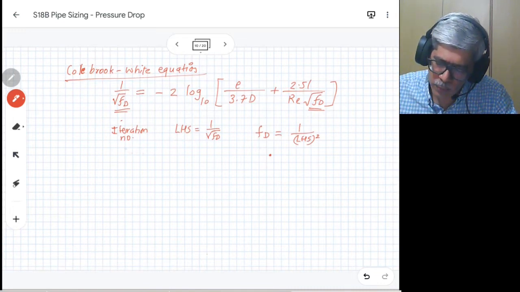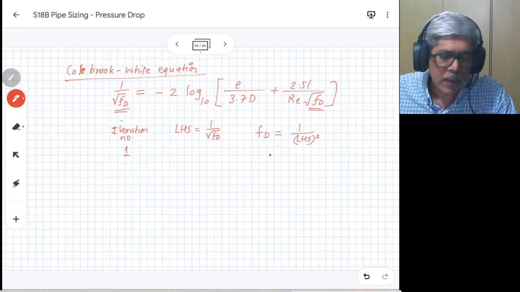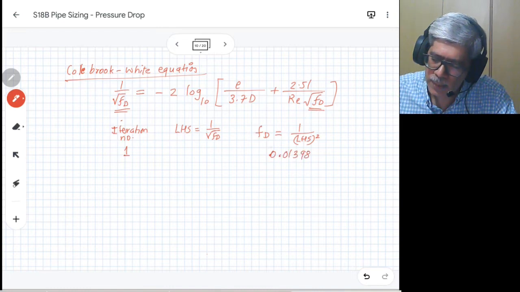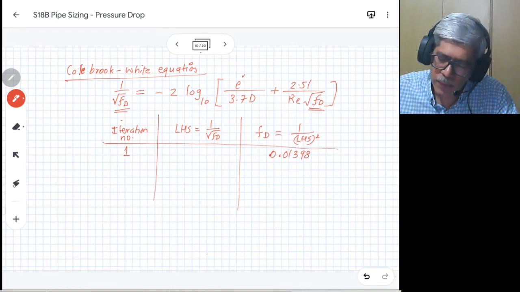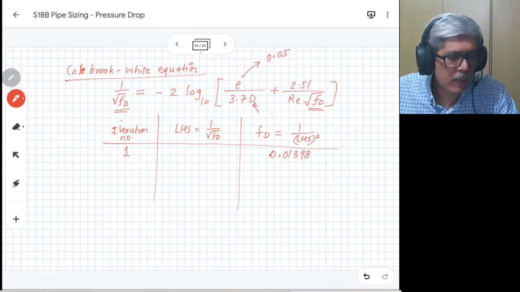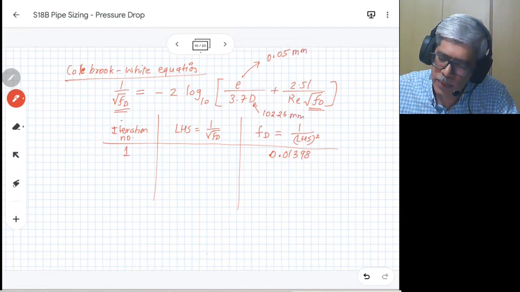So let's see that. For the first iteration we have the FD value from the Blasius equation as 0.01398, and in this equation we have the E value, that is the roughness value, given as 0.05. So sorry, this is not meters, this is in millimeters, and the diameter we have calculated as 102.26, also in millimeters.